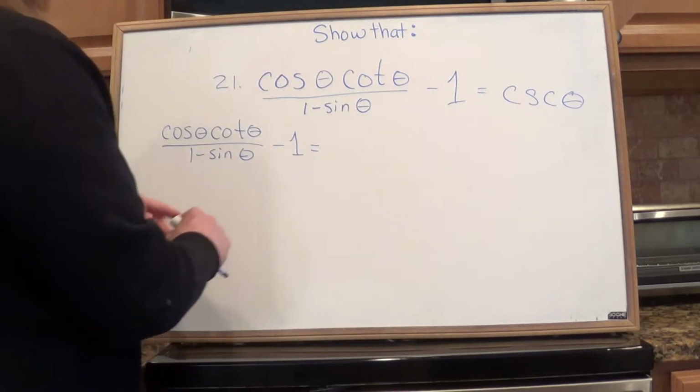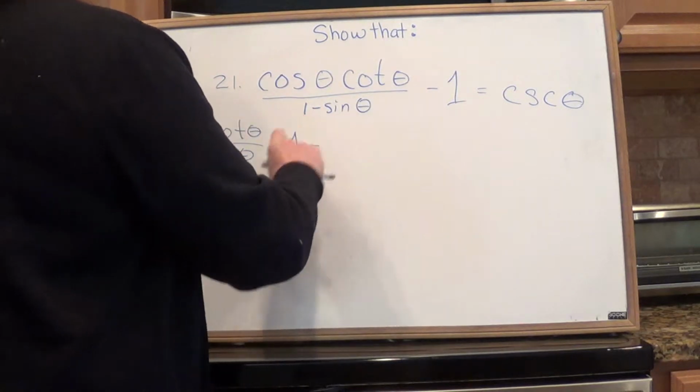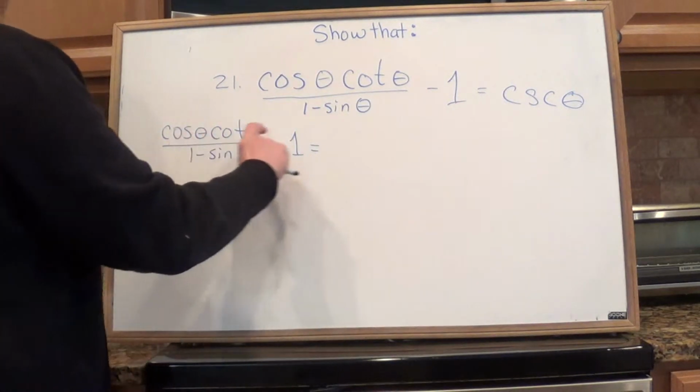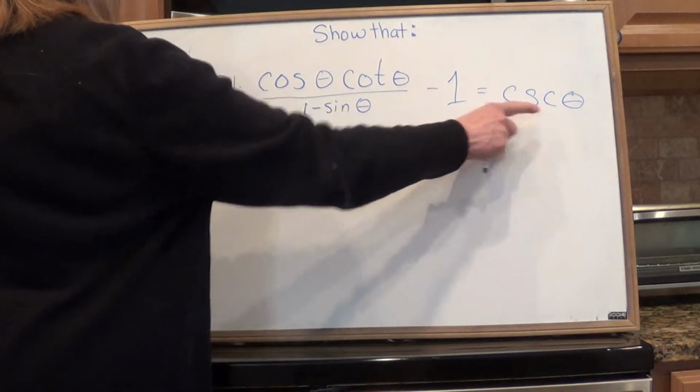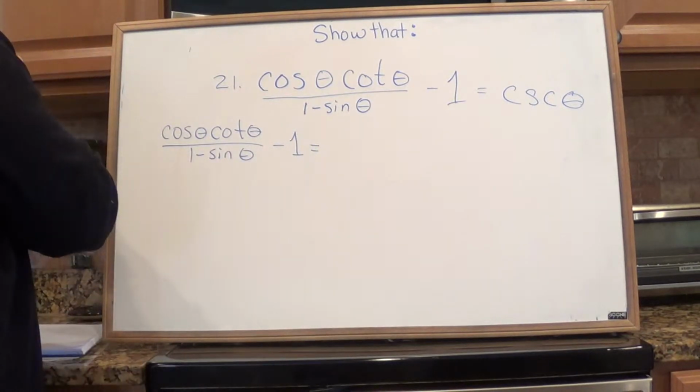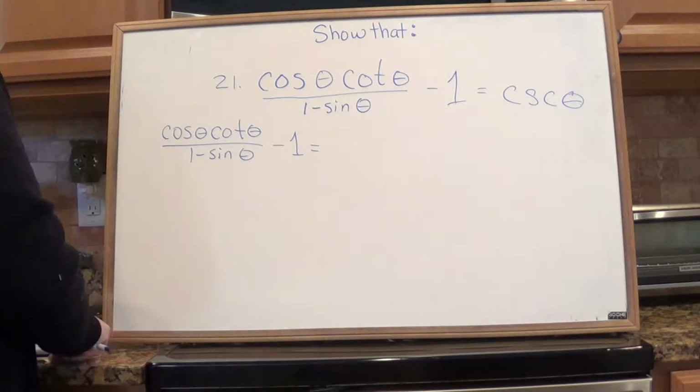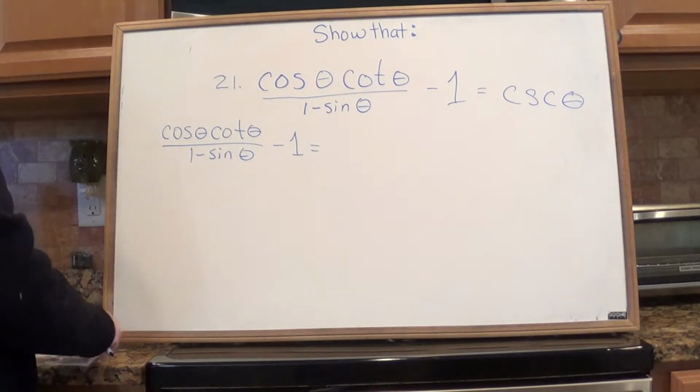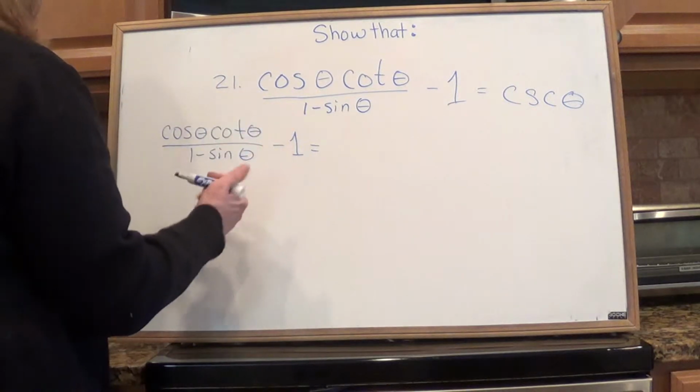So all I've done so far is taken the left side and recopied it, and I'm going to show that it equals that. On this one I found it useful to go ahead and substitute cotangent as cosine and sine. Everything's in cosine and sine.